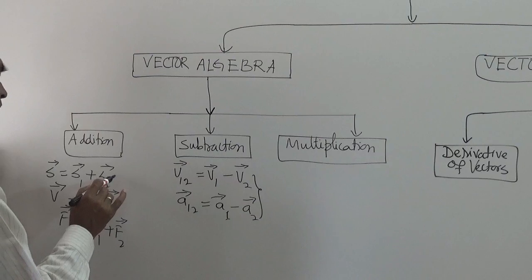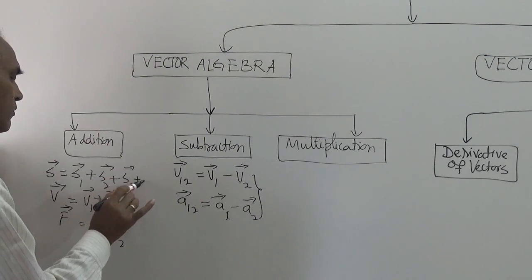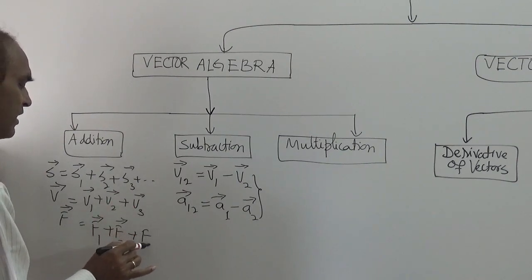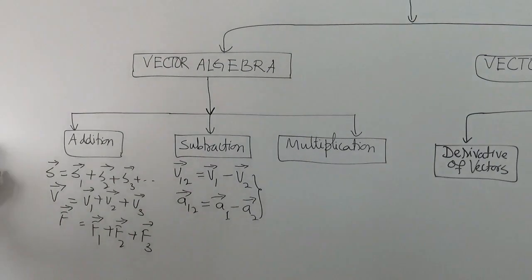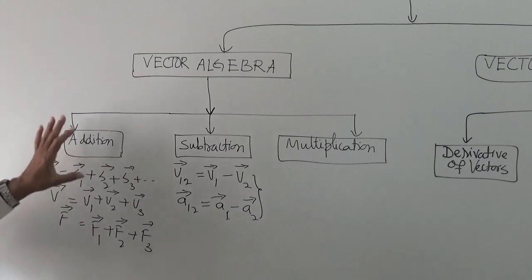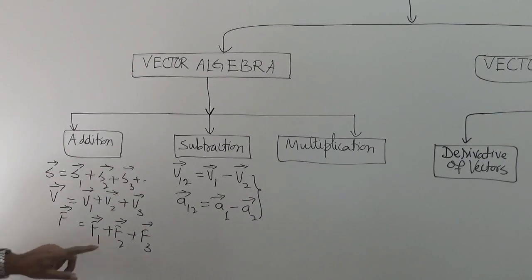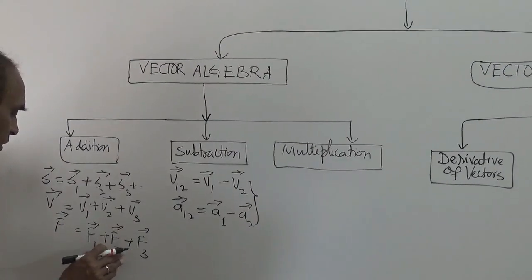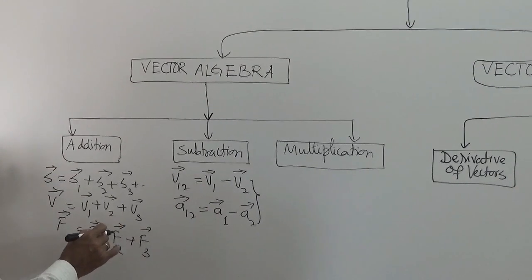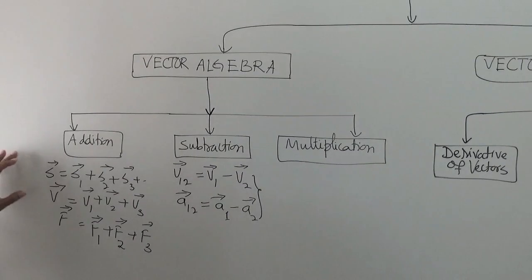We can add more vectors also. This is the addition of vectors. So we will use the concept of addition of vectors in kinematics and different areas of physics. We can use the addition of forces, addition of velocities, addition of displacements.